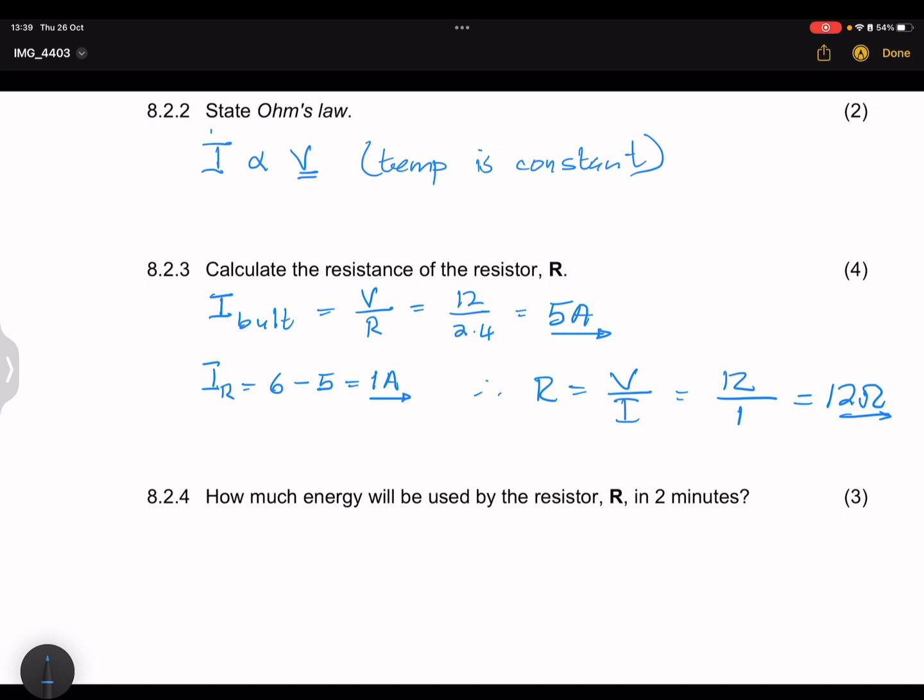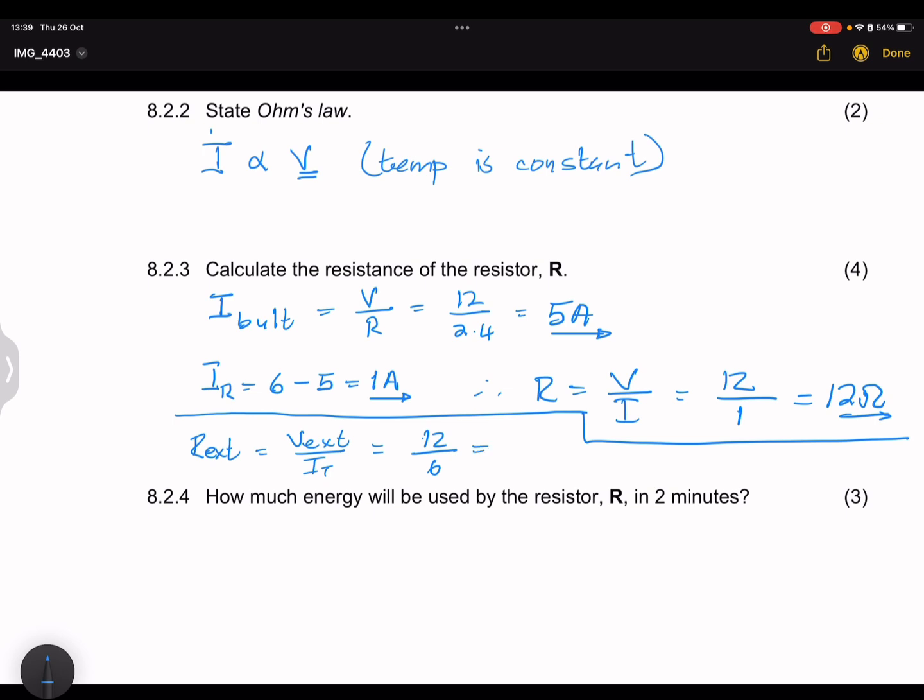So as I said, what we could have done is found out the R external value. Now I'm just exploring an alternative method. R external would have been V external divided by I total. So remember, V external is 12. What is our total current? That would have been 6 amperes that was given. So which means that R external would actually be 2 ohms.